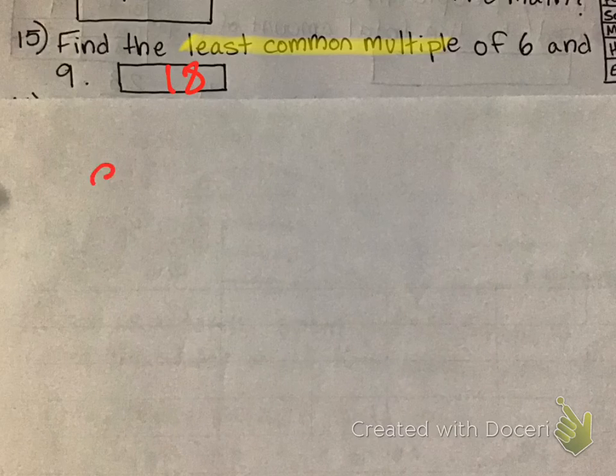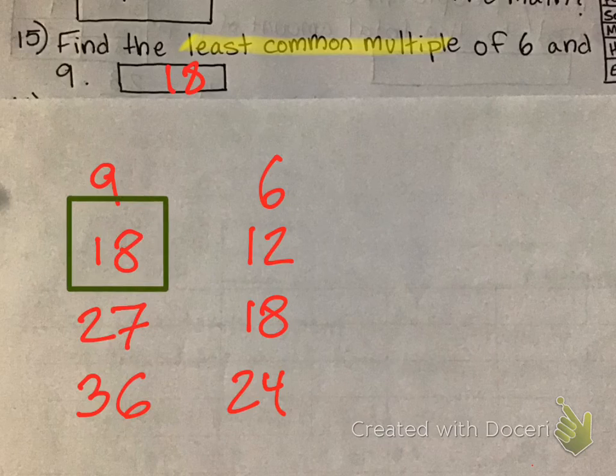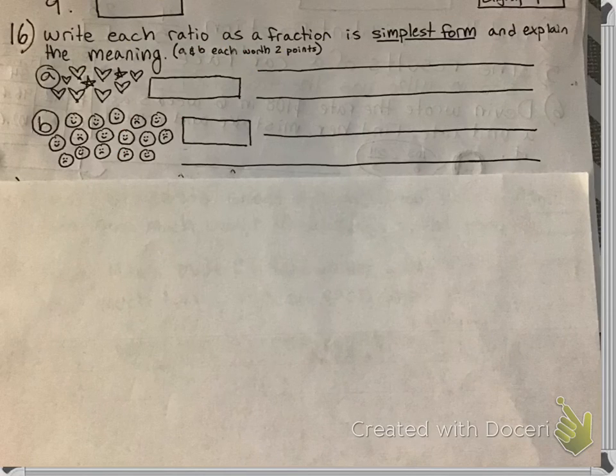Here's how we do it. We have 9. Then it becomes 18, 27, 36. We have 6, 12, 18, 24. Hey, look at that. Least common multiple? 18. Pay attention to the words. Least common multiple.